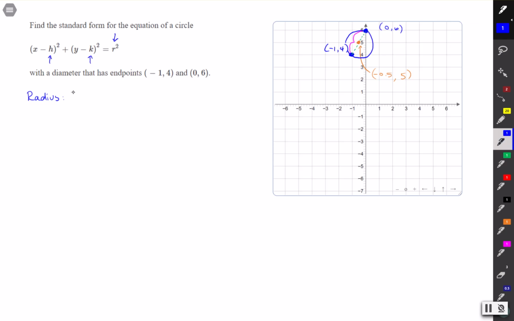So the radius, we have determined, is going to be half the distance of the given points.